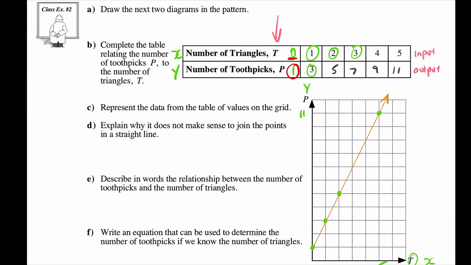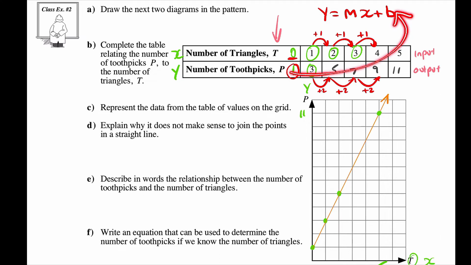And now if we look at this spacing right here, I went plus 1, plus 1, plus 1, and down here it's going plus 2, plus 2, plus 2. And that's going to be the number in front of the x. And remember, we're talking about a linear equation, which is y equals mx plus b. Okay, so this number 1 right here is actually going to be that b, and the m is our slope.